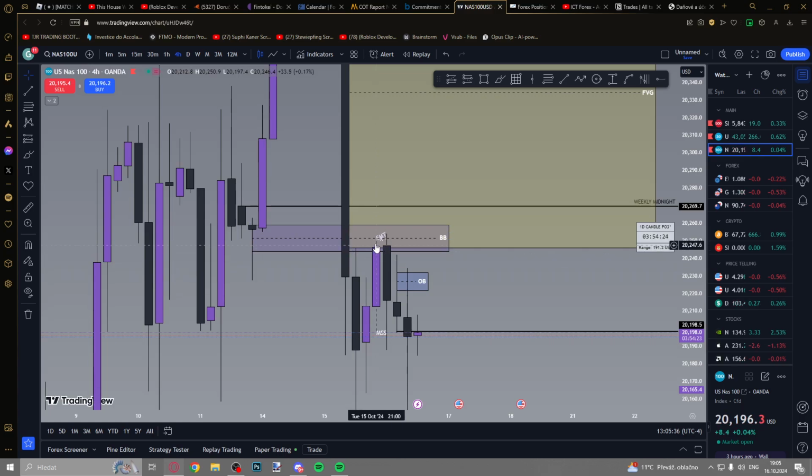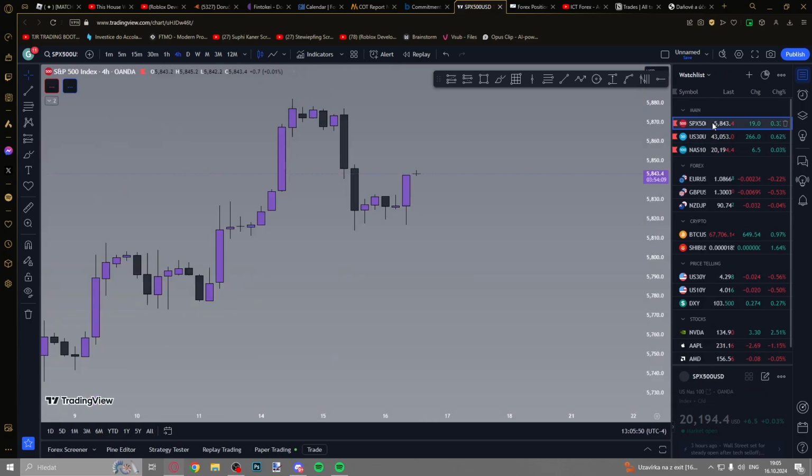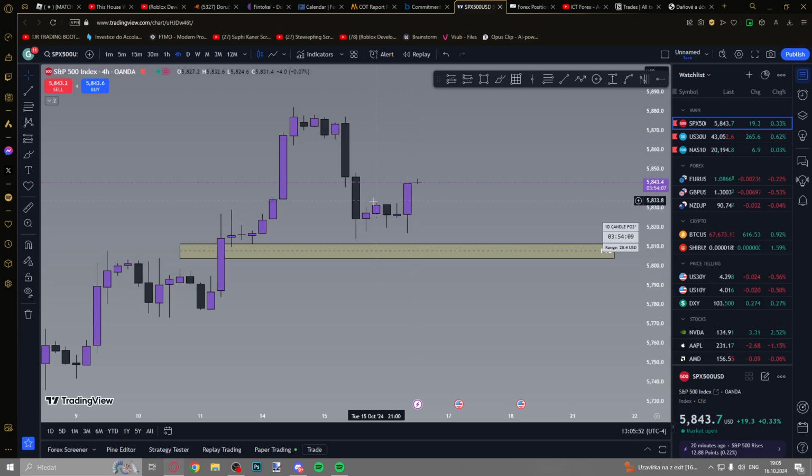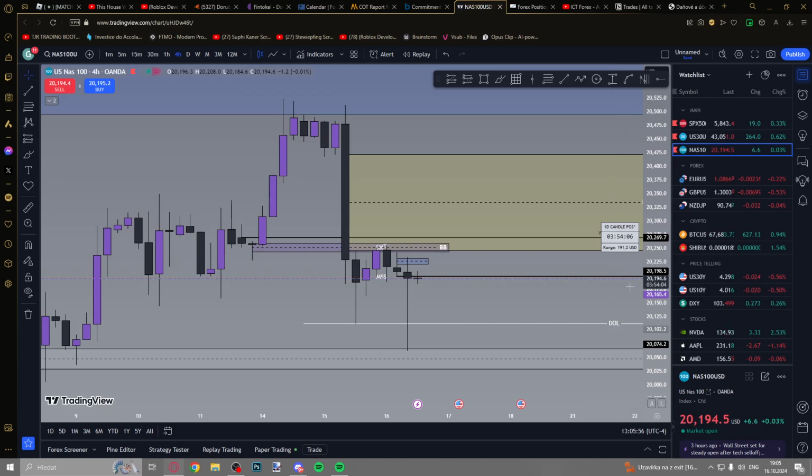Price just went in. Then the next candle opened, swept the previous candle high with an SMT with the S&P. You see here it didn't take it, and here it did take it. That's a good sign, right?